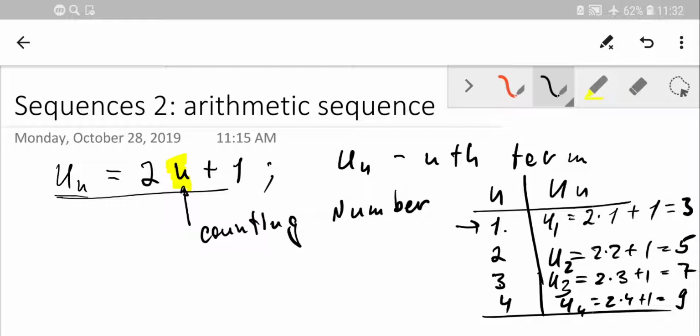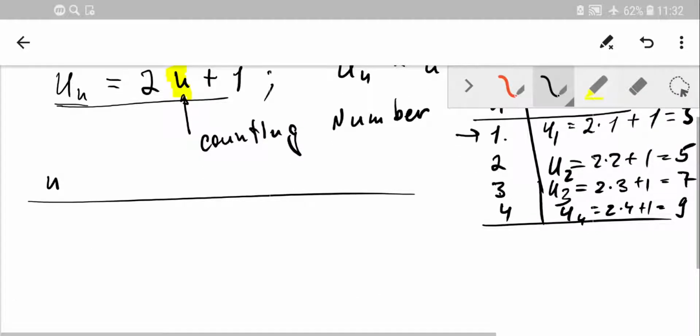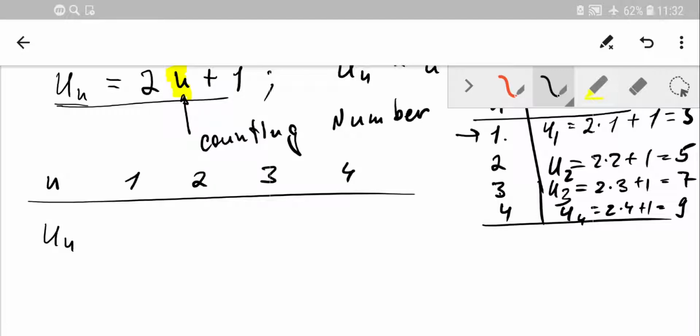This is what is called the algebraic formula for the sequence. This particular sequence is called arithmetic. We'll have an explanation soon. Let's set it up now in a vertical way. So n is a counting number running from 1 up to, let's say, 4, and we have the nth term of our sequence.